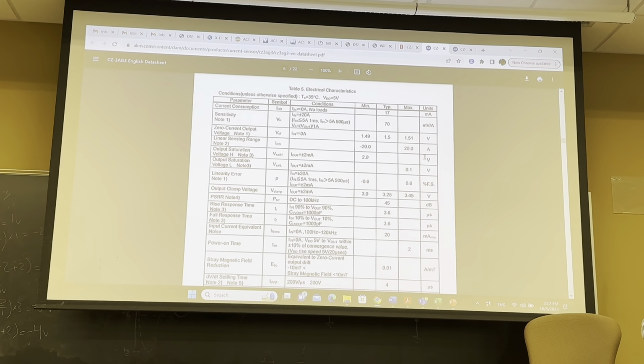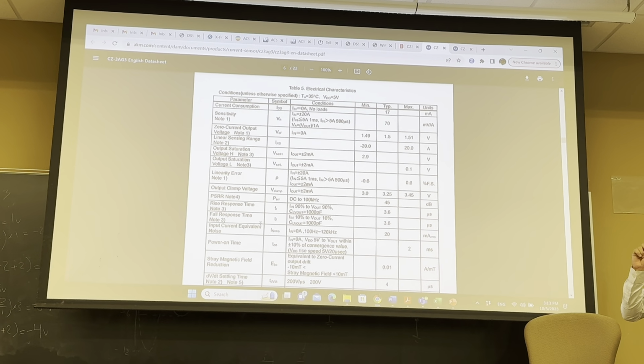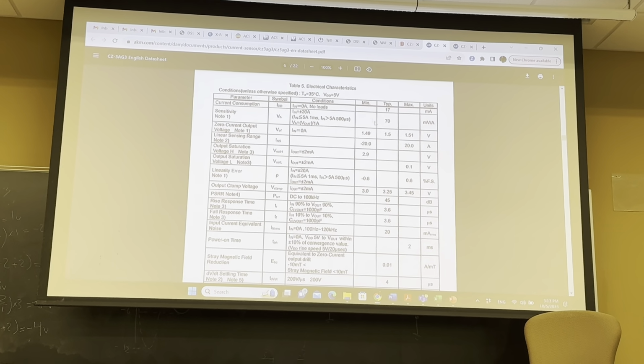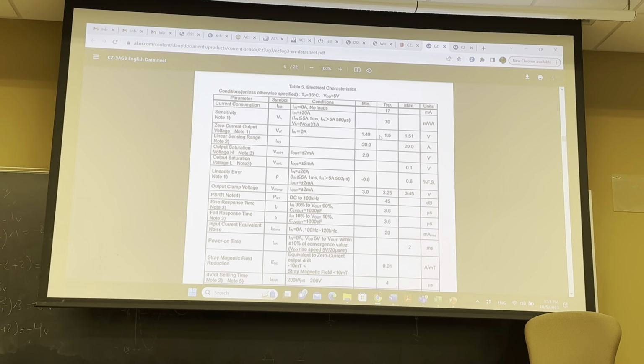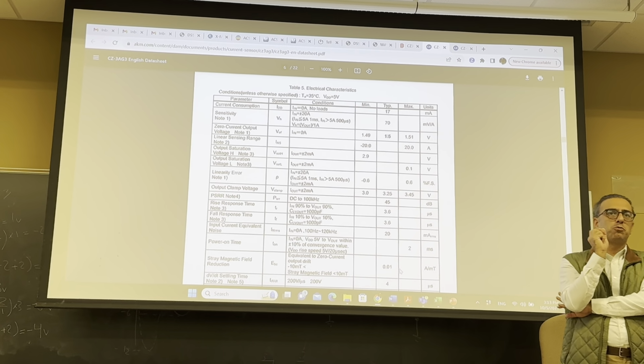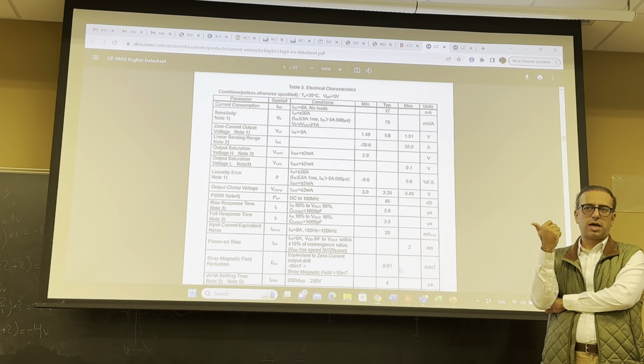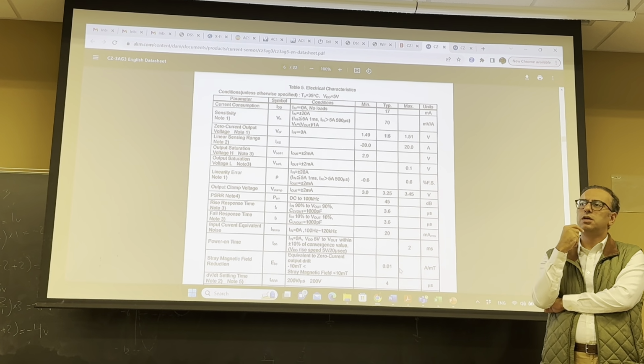The current can go between 20 and negative 20. Look at the zero current. If there is zero current, the output is set at 1.5. In other words, if you have 20 amps, the output is 3 volts.